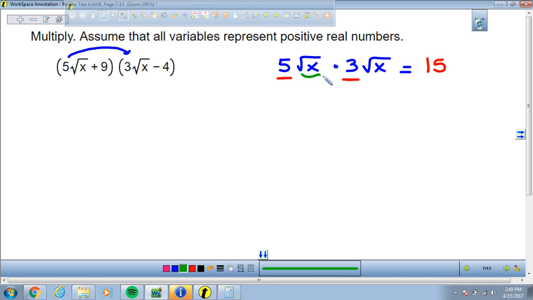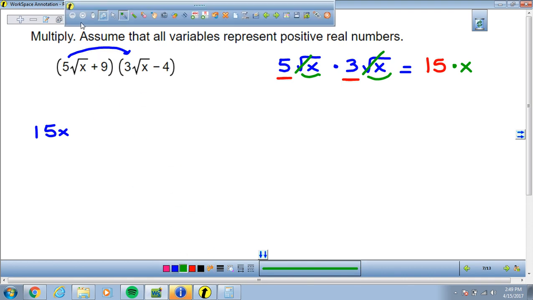And then you do square root of x and square root of x. Remember the shortcut? These two have the same thing inside of the radical. So you cancel the square roots, and you just bring down the x. So 15x is going to be the answer for the multiplication of these two. So you write here 15x.